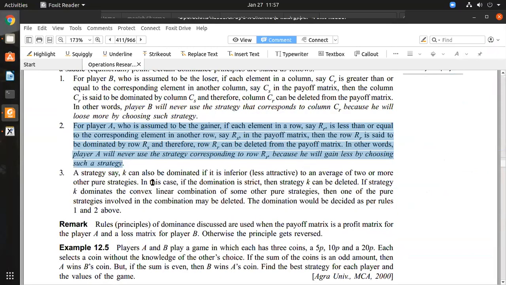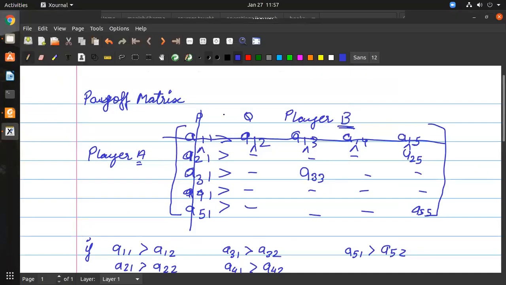The third rule says a strategy, say K, can also be dominated if it is inferior, less attractive, to an average of two or more pure strategies. Now, what do you remember? What is a pure strategy? Pure strategy means that whatever strategy the other player may be using, I may be using the same strategy. Like this one is a pure strategy.